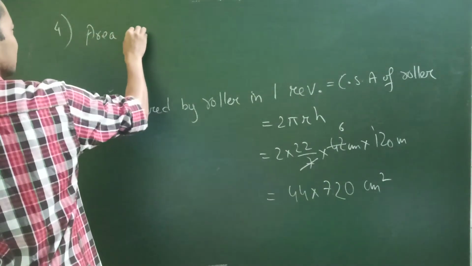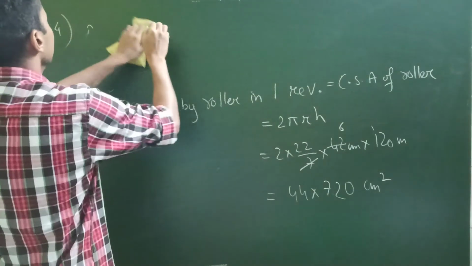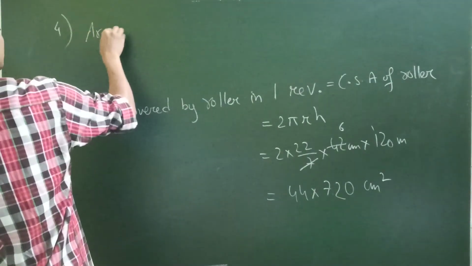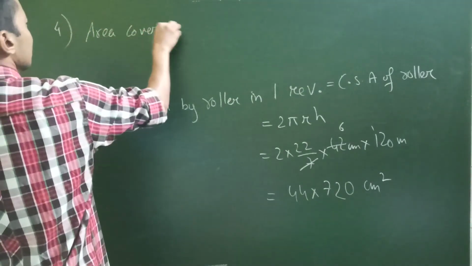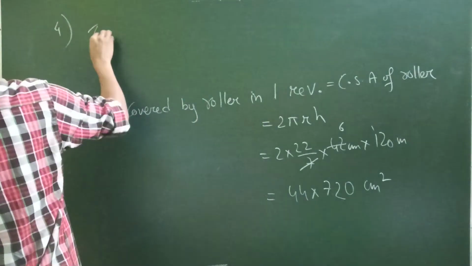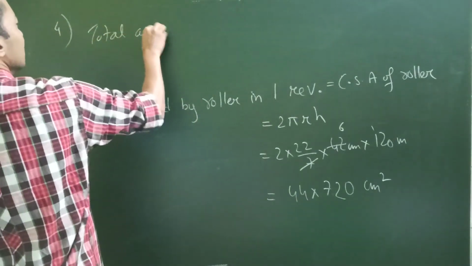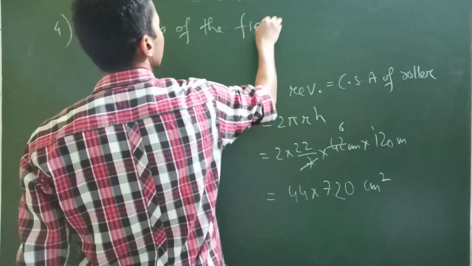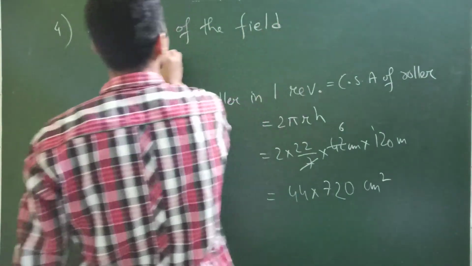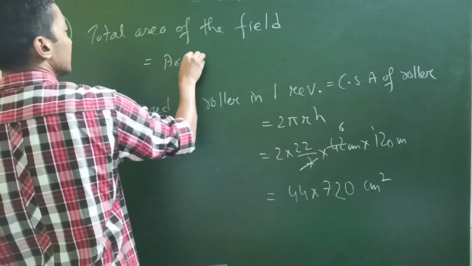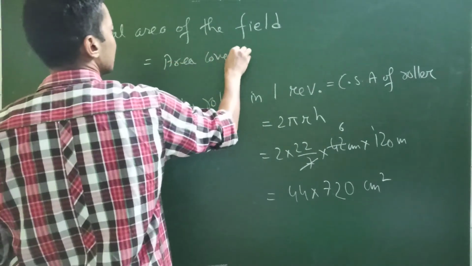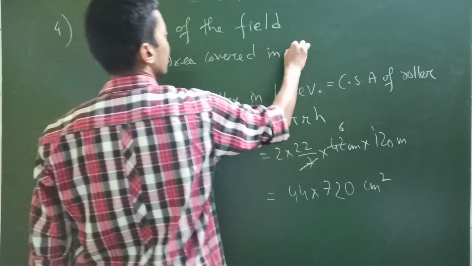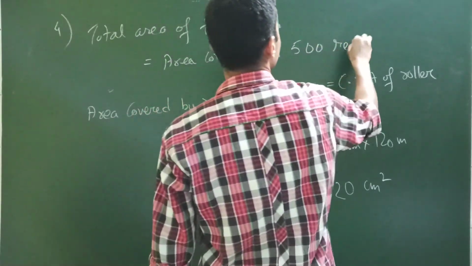Now, the total area of the field or playground will be equal to the area covered in 500 revolutions.